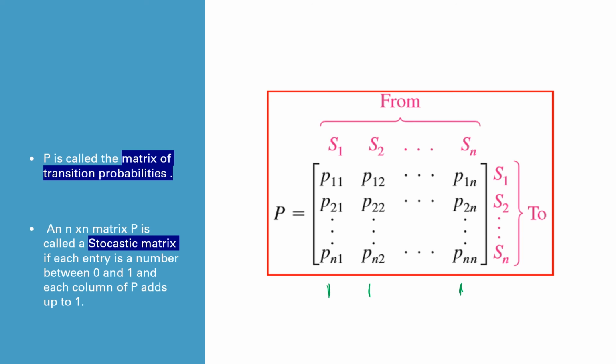It will not be negative. And the total probability is 1. If that is the case, then you call that a stochastic matrix. This stochastic matrix plays a main role in solving problems in business models and in other scientific research.